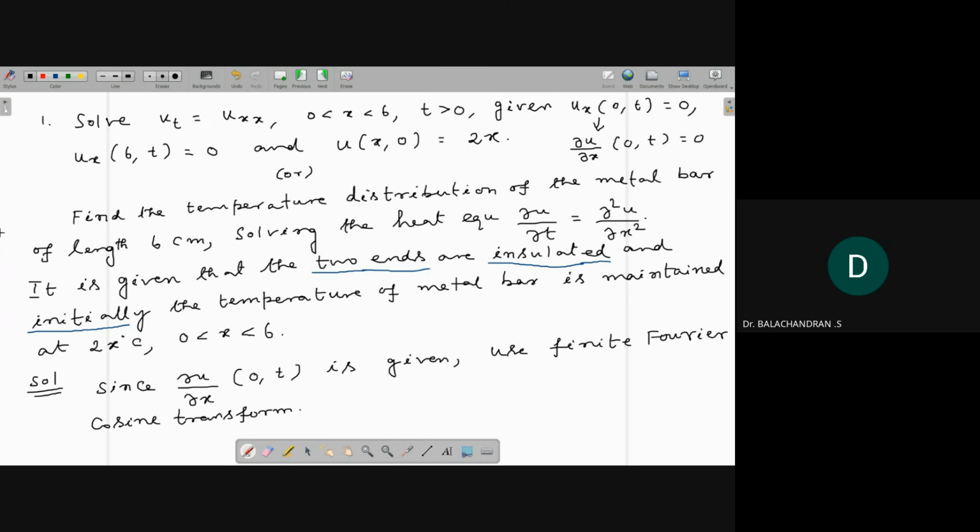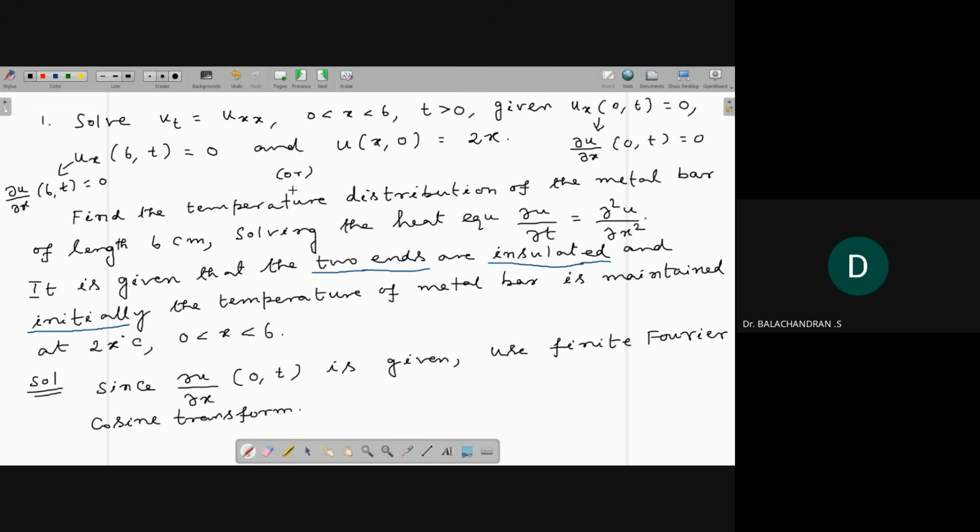Similarly, ux of 6 comma t equal to 0 means dou u by dou x of 6 comma t equal to 0. And u of x comma 0 is equal to 2x.